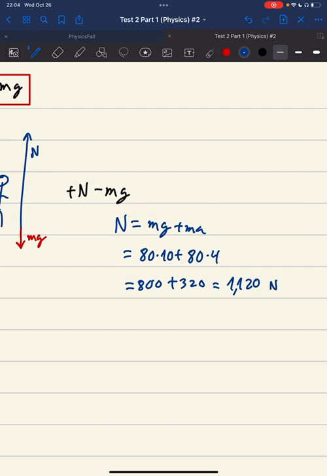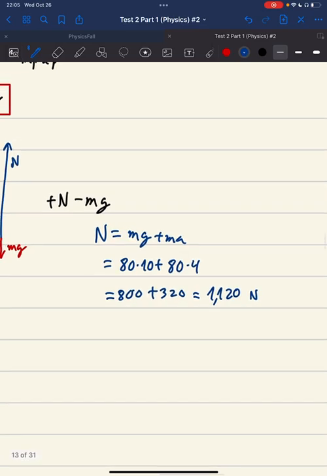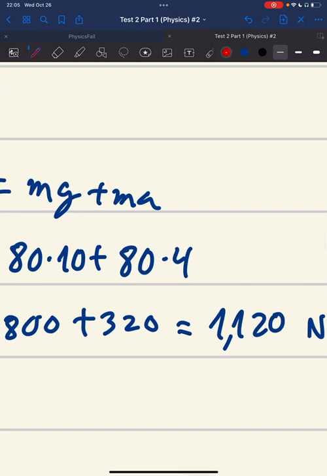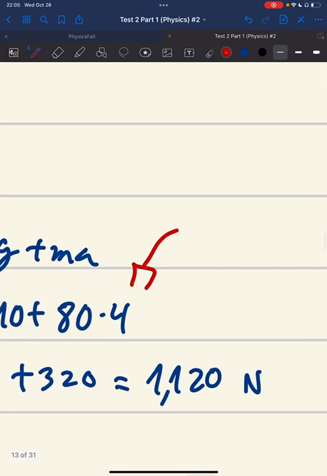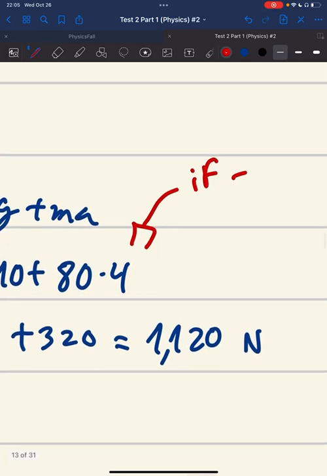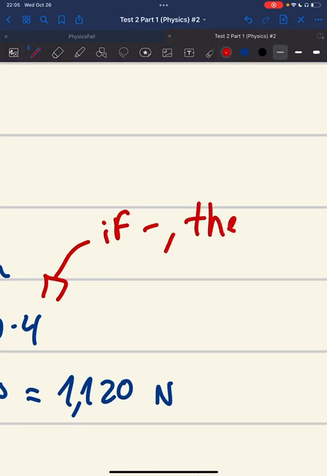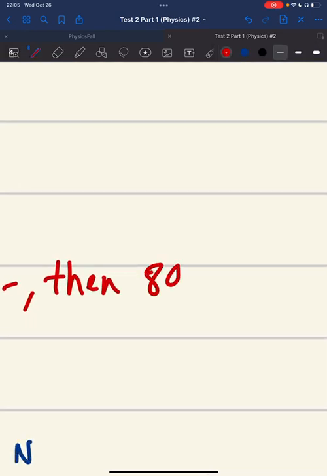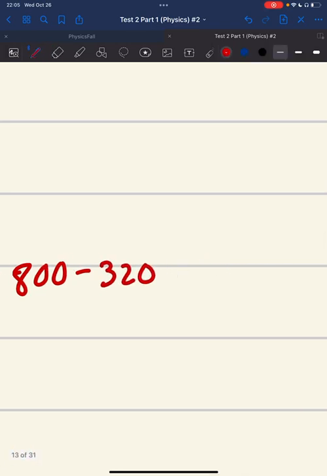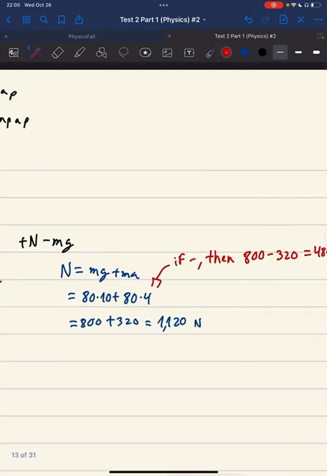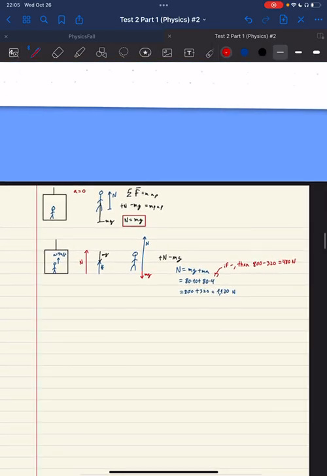I'm sorry, 480 if it was negative. So if negative, then 800 minus 320 equals 480 newtons. That's all there is to it.